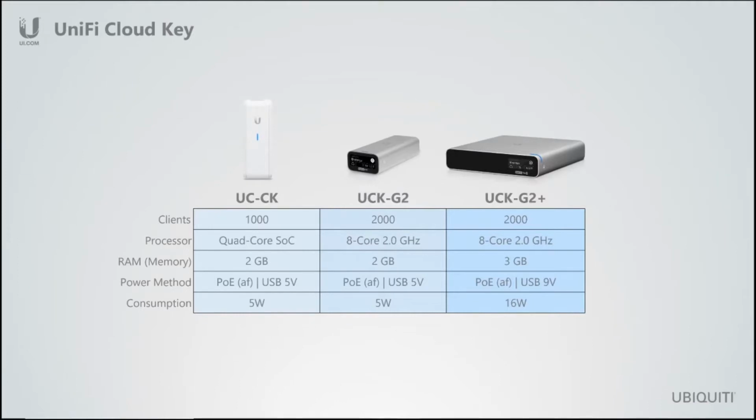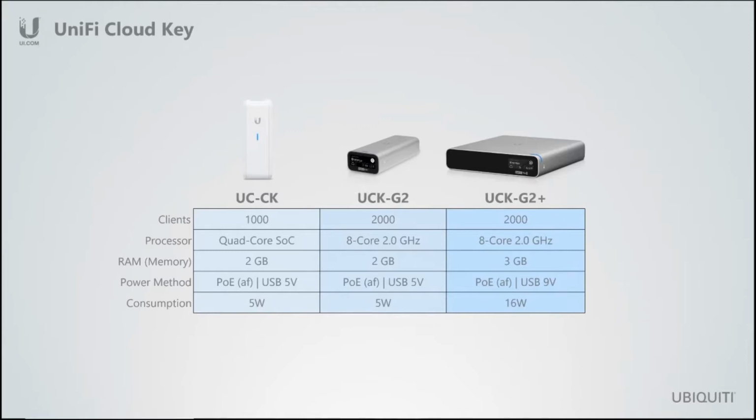So talking about the UniFi controller, we'll go into more detail soon, but the Cloud Key is a physical device that houses the UniFi controller. So if you don't want to host your controller on a cloud, on a server, or on your computer, you can always buy one of our Cloud Keys, which you can just plug into the switch, and the controller will be running 24/7.